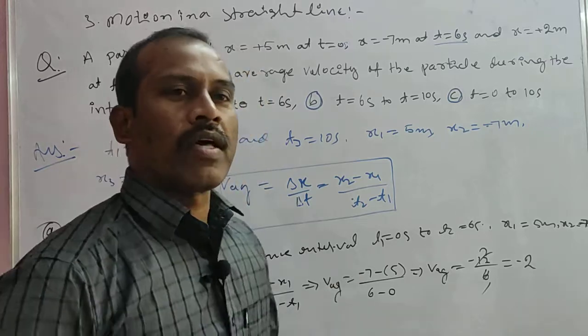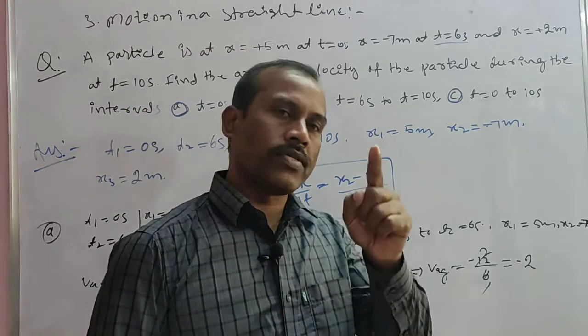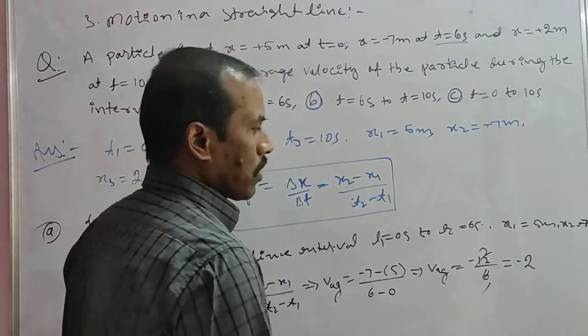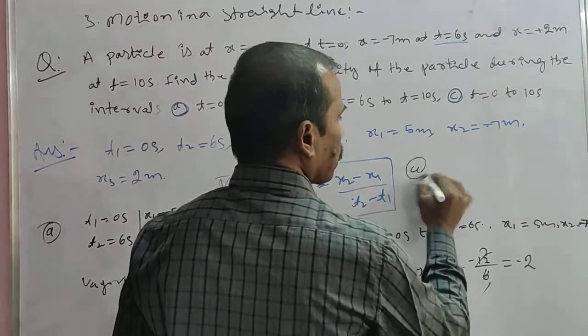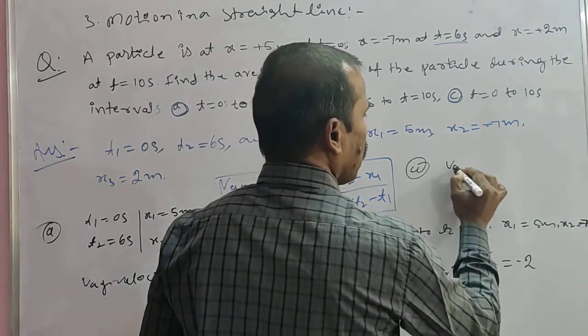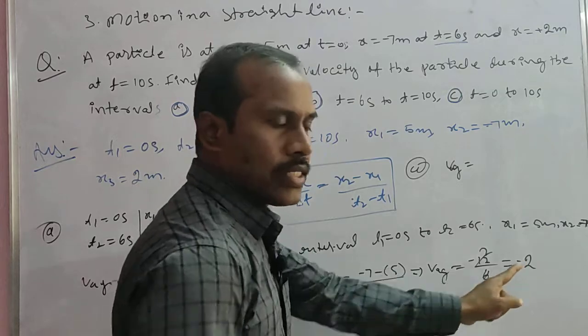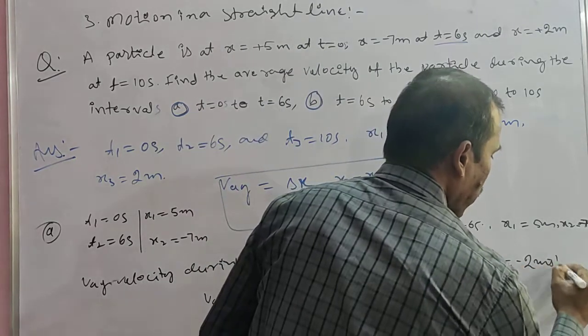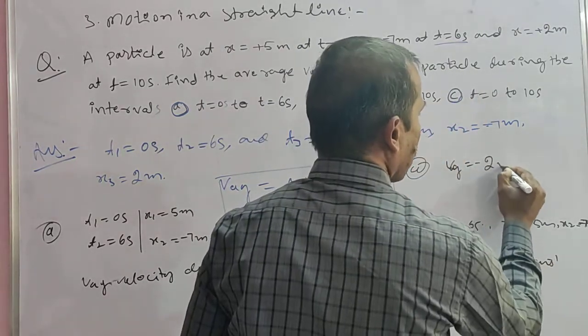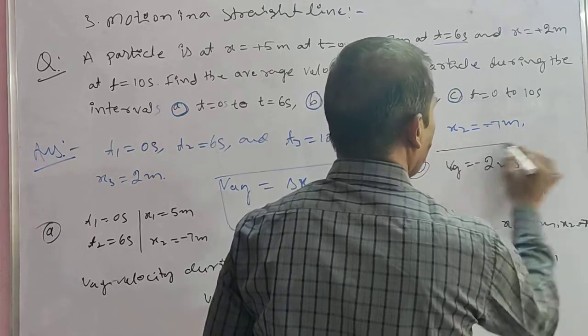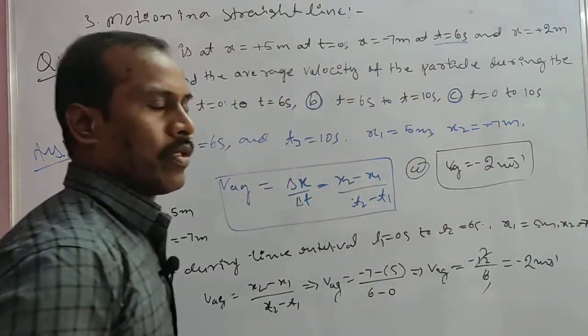So the average velocity of the particle in the first condition is −2 meters per second. This is the first answer.